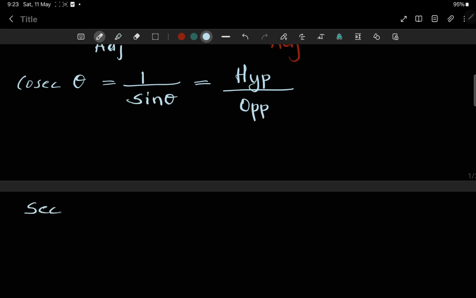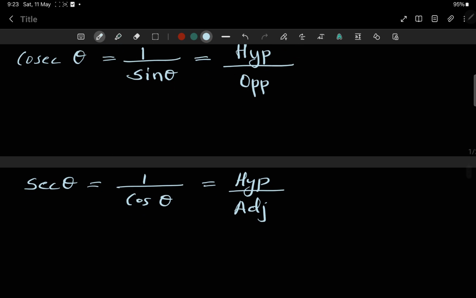Next one is secant theta, which is equal to 1 by cos theta, which is hypotenuse by adjacent side.